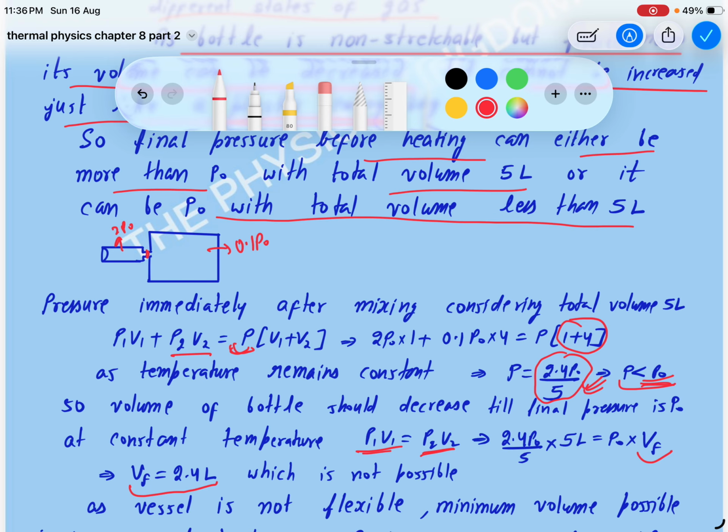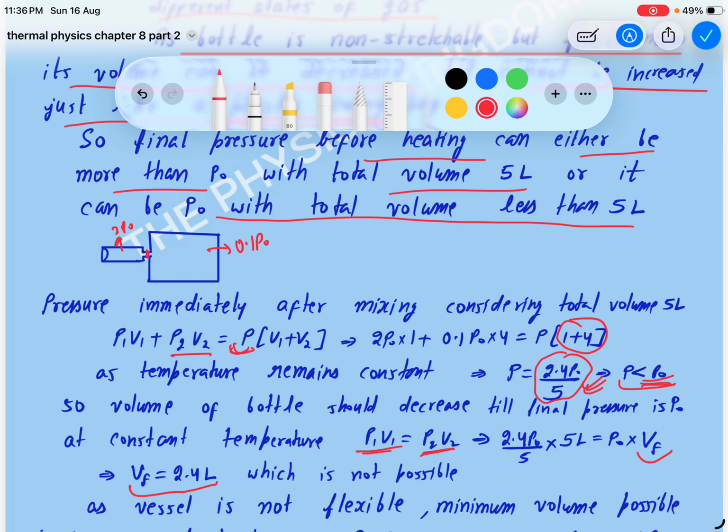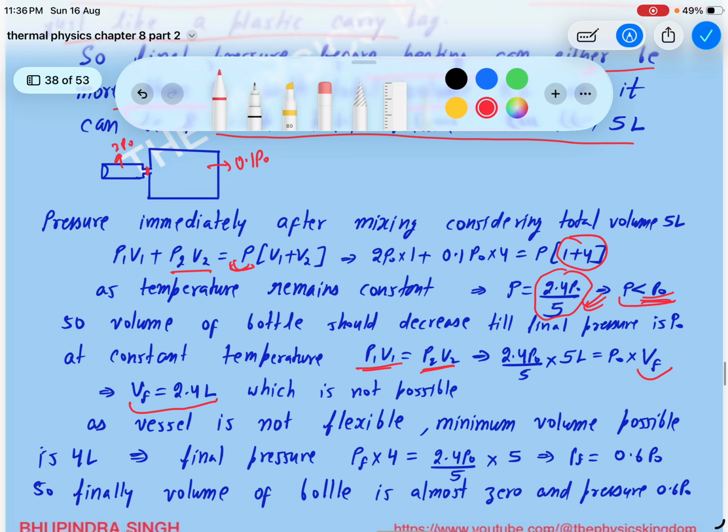Because the bottle you can compress, you can make its total volume 0, but the vessel with which it is connected is not flexible. You cannot decrease its volume. So it means the total volume will be compressed with some pressure inside the vessel lesser than P naught, because for pressure to be P naught, the final volume has to be 2.4 liter, which is not possible.